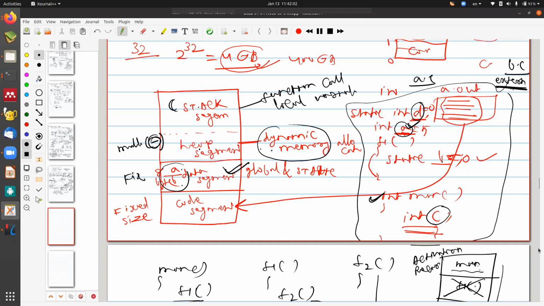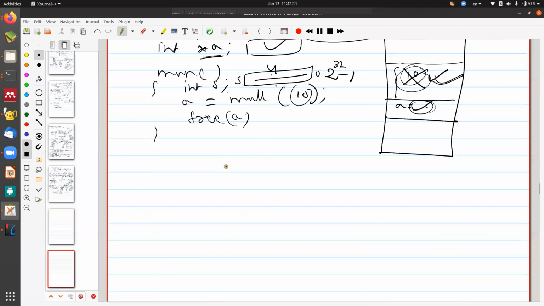Understood? Now, one more interesting part. This data segment is again divided into two different parts. Okay, the data segment. So your whole data segment is divided into two parts.